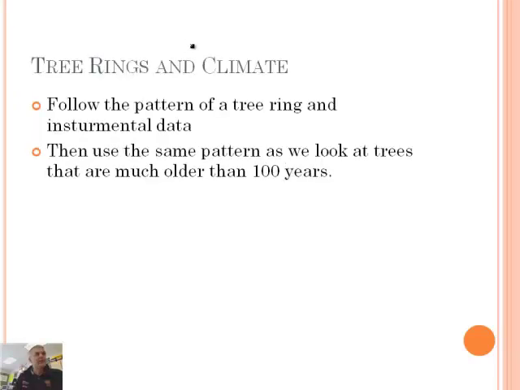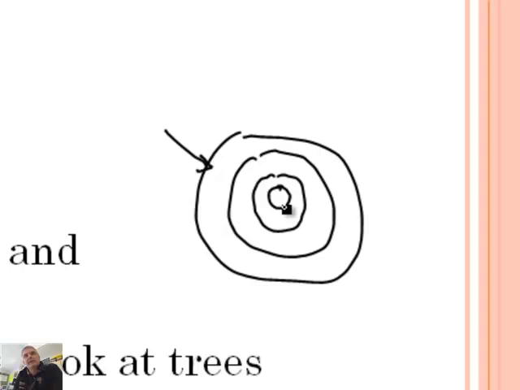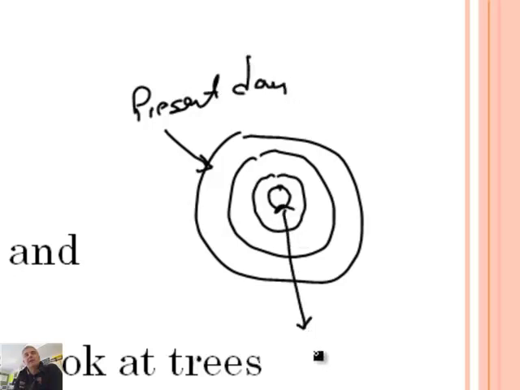Tree rings. Now, most of you understand that a tree produces a ring every year. The newest ring is the one on the outside, so this would be present day, and the center core would be when the tree was born.